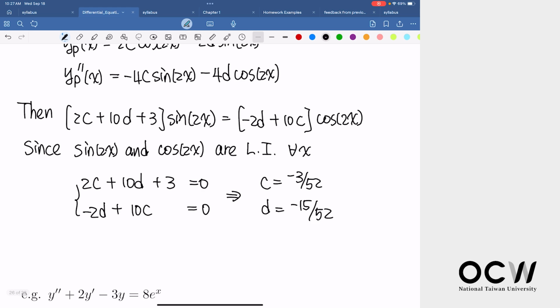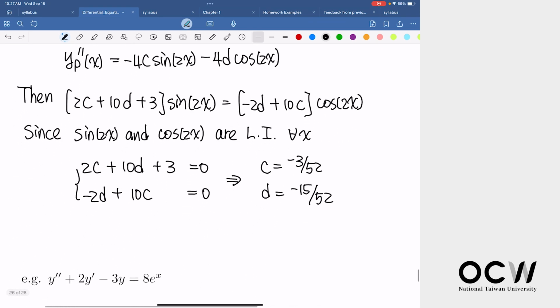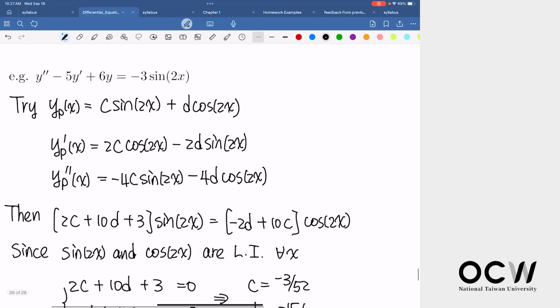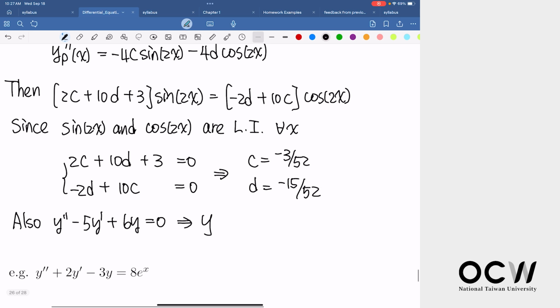And don't forget that we need the what? The homogeneous solution. So also y double prime minus 5y prime plus 6y is 0. Then the homogeneous solution is c1 e to the 3x and also c2 e to the 2x.